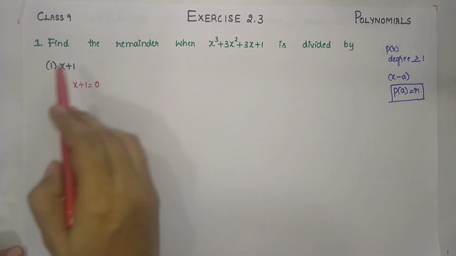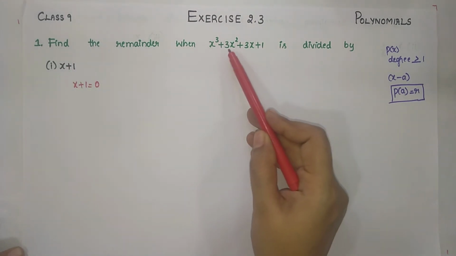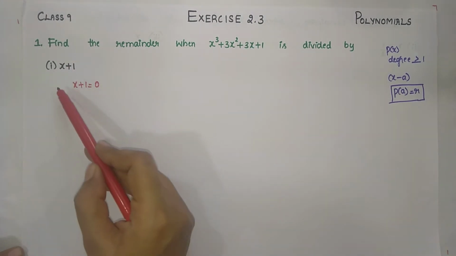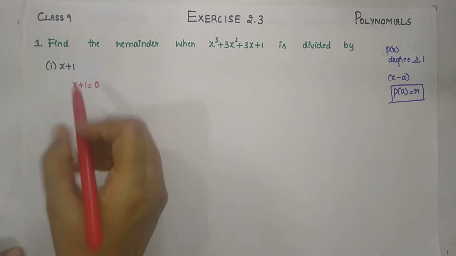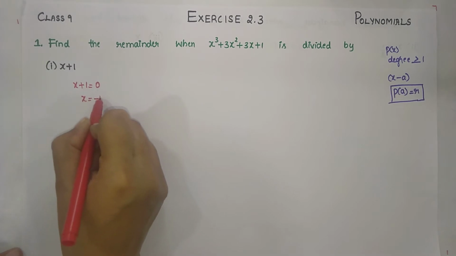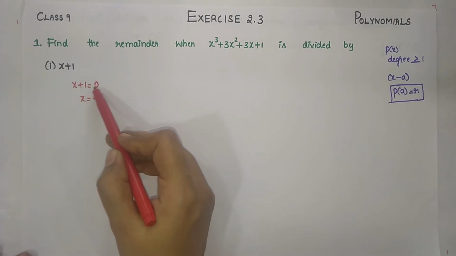Here x plus 1 is the divisor which divides this polynomial. So by equating the divisor, that is the linear polynomial, to 0, we get x equal to minus 1, by taking plus 1 which is in the left hand side to the right side.